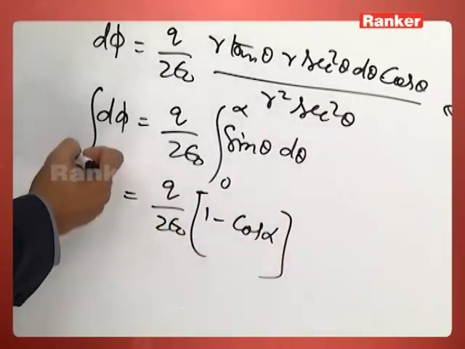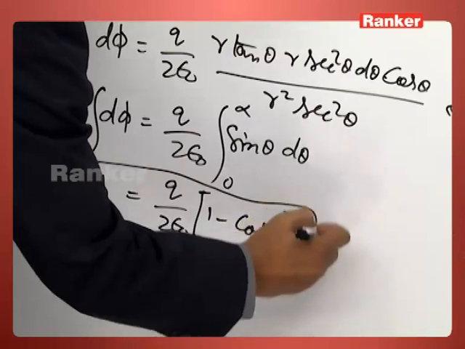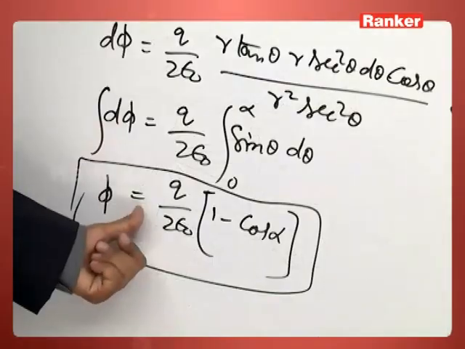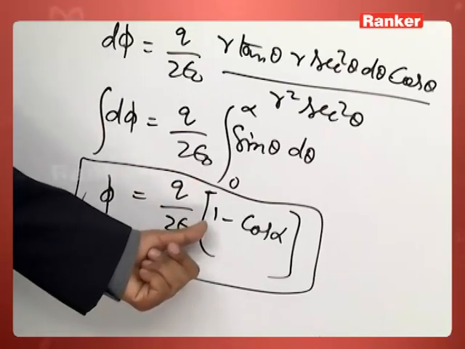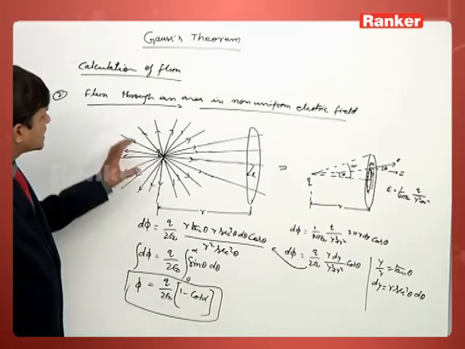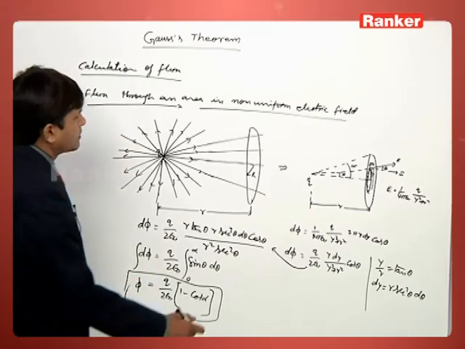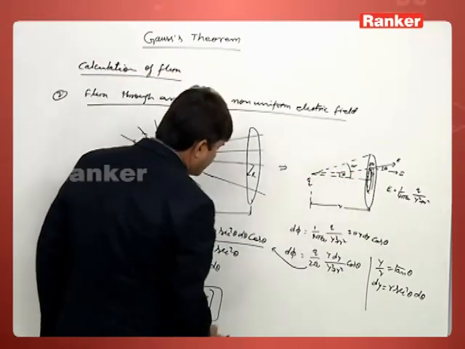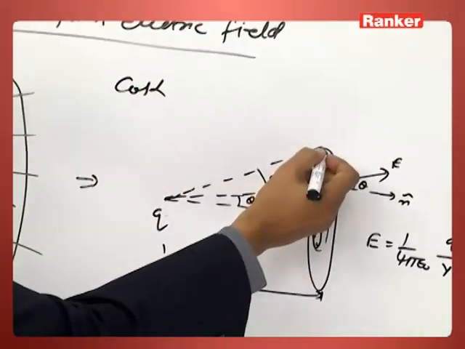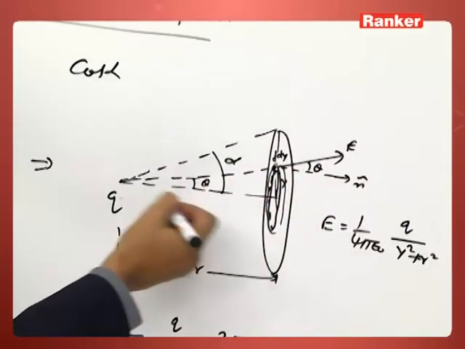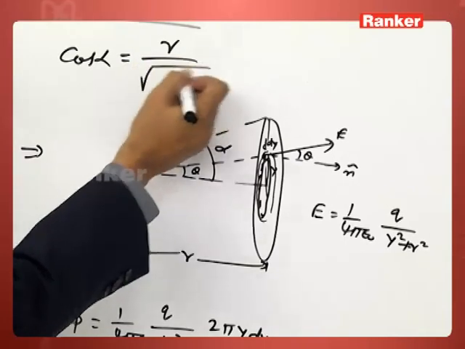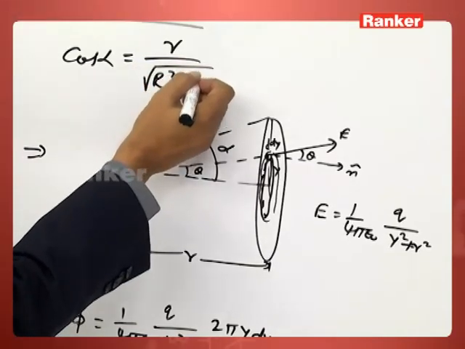This is a very interesting and important result. So phi is equal to q by 2 epsilon naught, 1 minus cos alpha, and in this particular example the value of cos alpha can be set. From here, this is the total radius R, this is the small r. So cos alpha is equal to small r by root over R square plus r square.